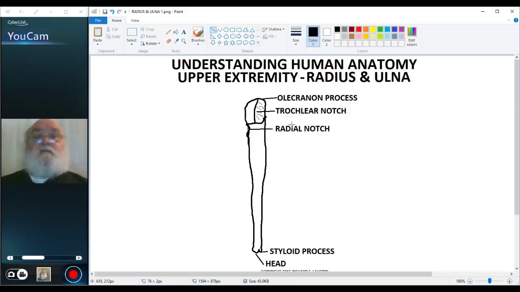Now, the radius, we'll start with the head of the radius, and I'm going to draw the radius reasonably far apart from the ulna so that you can see the relation of the head of the radius with the ulna.